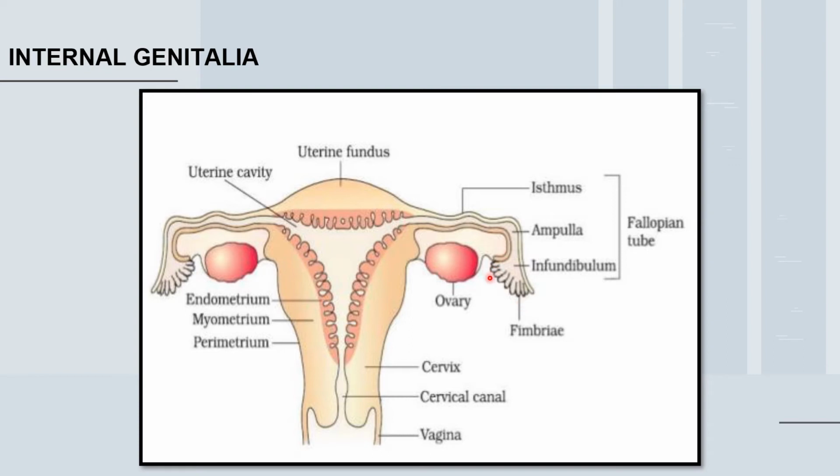These fimbriae are going to collect the egg or ovum released by the ovary, and then that egg would be swept further into the fallopian tube. So the initial broad and funnel-shaped part of the fallopian tube is termed as infundibulum.